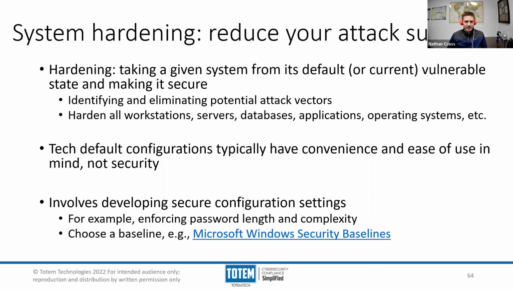This means that there's a trade-off, because security and convenience typically are trade-offs of one another. The more secure a product is, the less convenient and less easy to use it usually is.